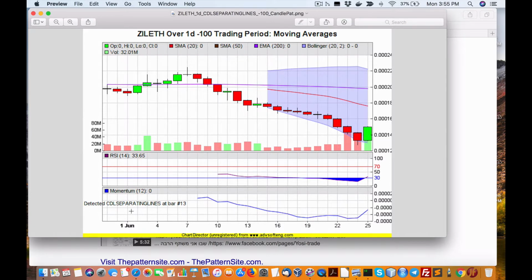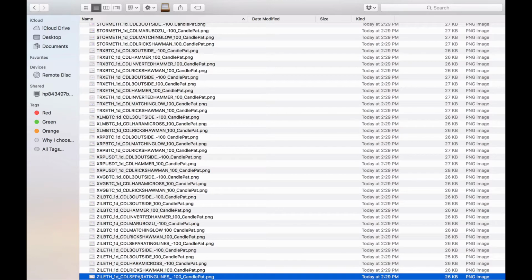But here's another thing I've put in: the detected pattern and at what bar. If we count 1, 2, 3, 4, 5, 6, 7, 8, 9, 10, 11, 12, 13, this is the bar we're speaking of.